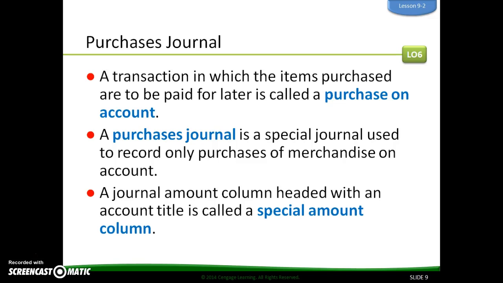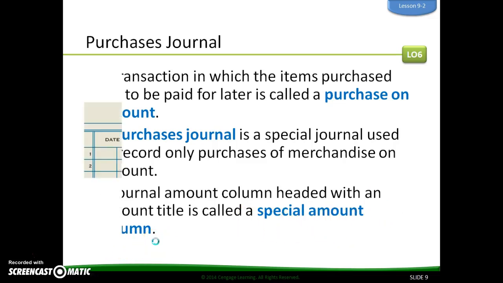The purchases journal is a special journal that's used to record only purchases of merchandise on account. Only things that are on account. So then a journal amount column headed with the account title is called a special amount column. You'll see why that's important in just a minute.